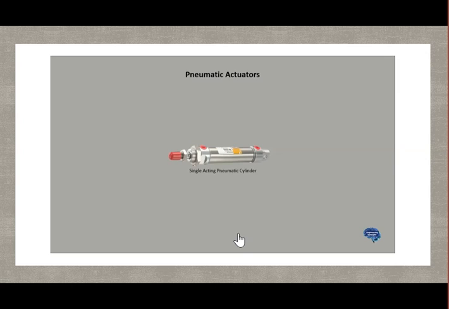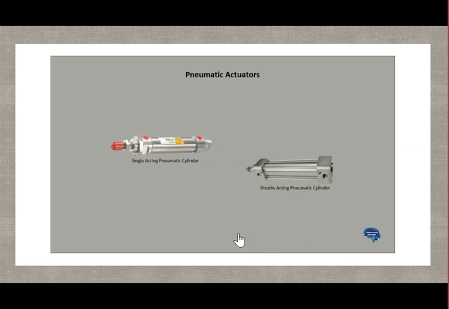Okay, let's look into the actuator. Pneumatic actuators enable considerable forces to be produced from relatively small pressure changes. A pneumatic actuator converts energy formed by vacuum or compressed air at high pressure into either linear or rotary motion.